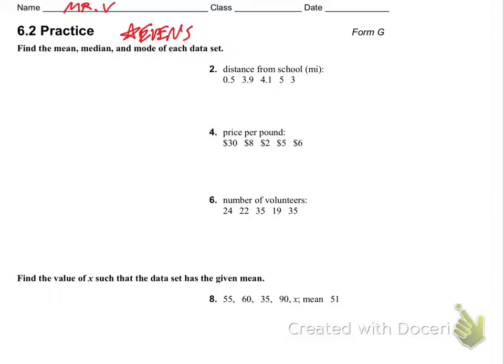So if we look at number 2, they're not in order, so you have to rewrite it. So that would be 0.5, and then 3, 3.9, 4.1, and then 5. So it says find the mean, the median, and the mode.